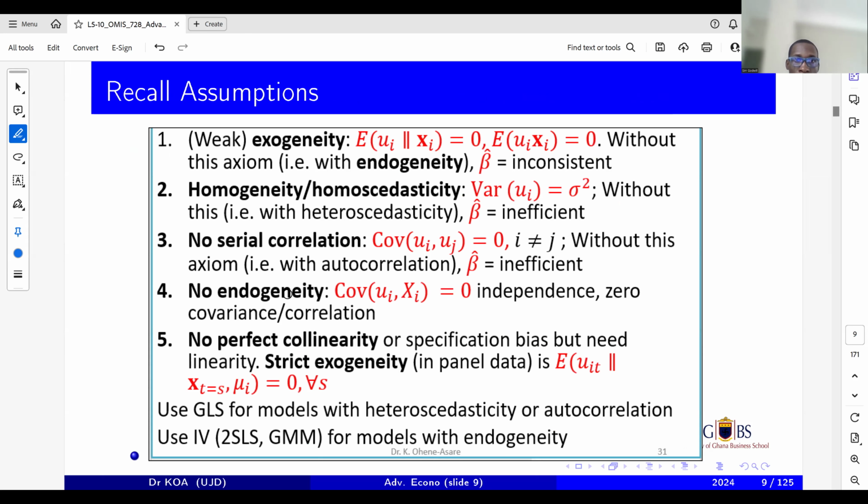All right. So let's go to the assumptions of the classical linear regression model, because we are going to see which of these assumptions are corrected under panel. These are assumptions. One is exogeneity. Exogeneity is a very simple assumption. It simply says that the expected value of the errors is equal to 0. And then the correlation between the errors is 0. In other words, there's no correlation between the error and the regressor.